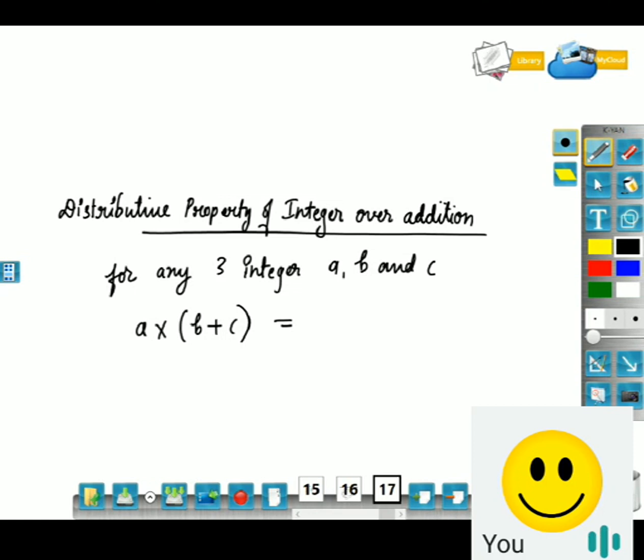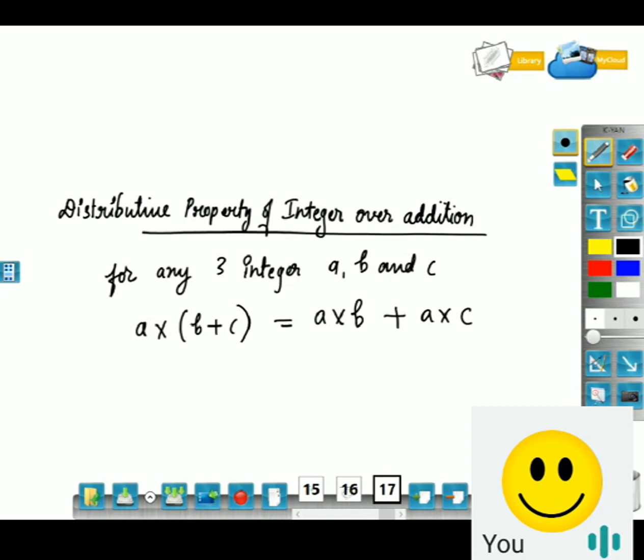Please write your answers in the comment section. Okay, Kiran Pawar has written correct answer. So according to this property, A into (B plus C) is equal to A into B plus A into C.